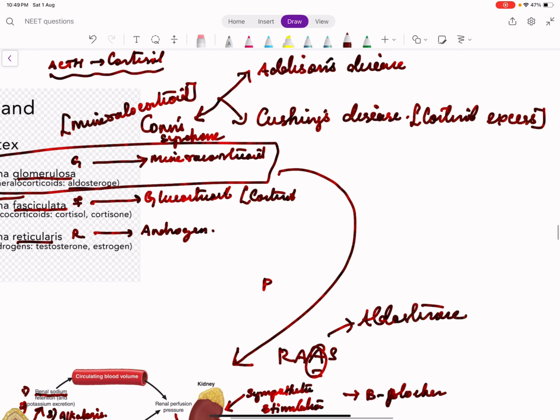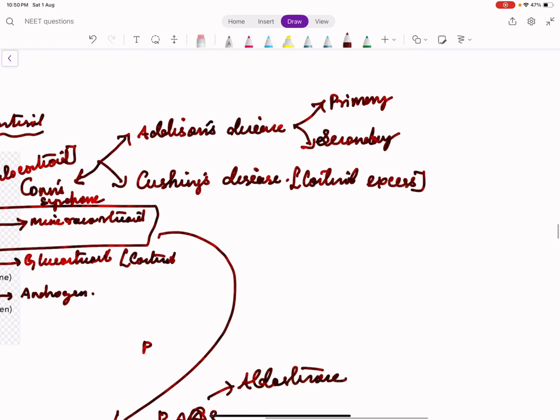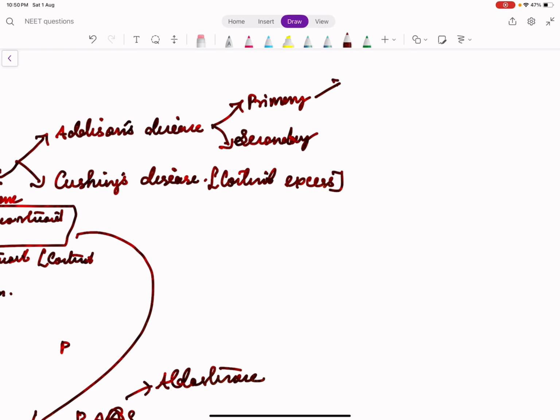Coming to deficiency, adrenal insufficiency is deficiency of any hormone. It can be primary or secondary. Primary adrenal insufficiency is a problem with the gland. So in primary, mineralocorticoid, glucocorticoid and sex steroids, everything will be affected, because primary is a problem with the gland.